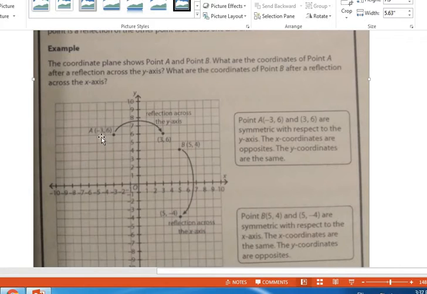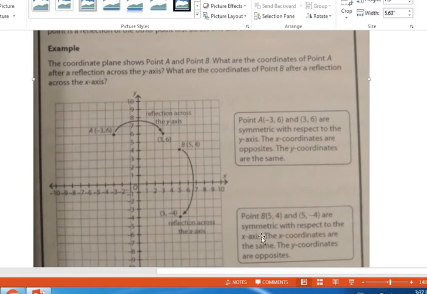I changed only the sign of the x-coordinate. It's called reflected. But the y-coordinate is the same, symmetric. So this is the reflection of point A.